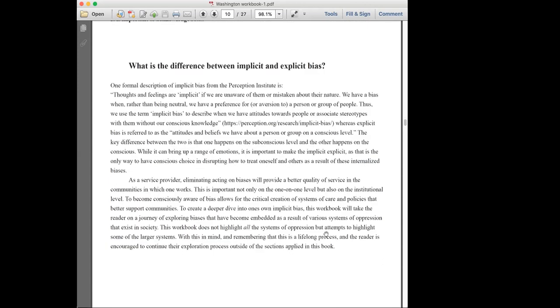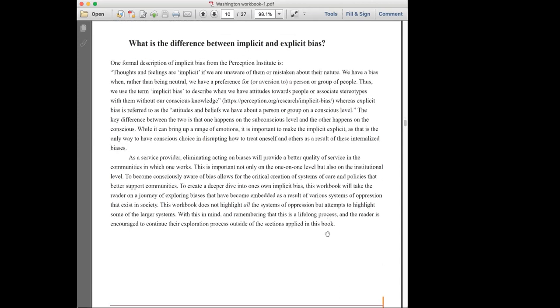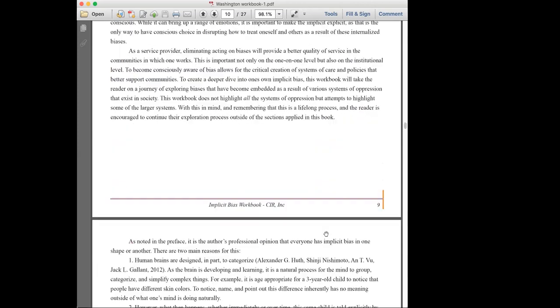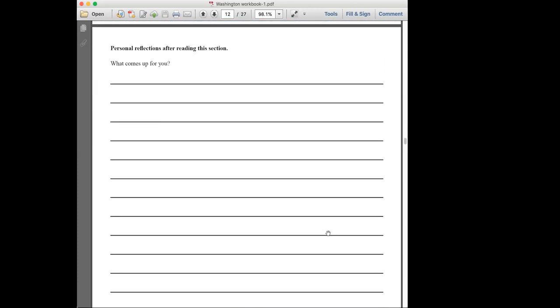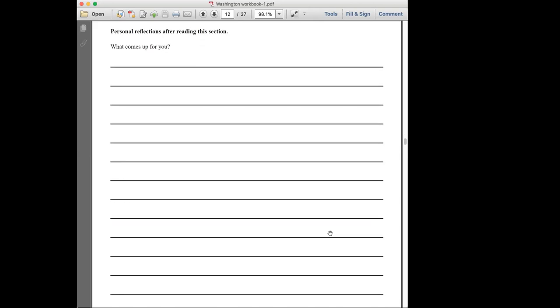And so in this section, it really is more of an intellectual framing to give you more knowledge about what these terms mean. And then at the end of that section, you're going to find further lines for you to continue in your self-reflection process, which is really part of the main intention of the work that we're doing together.